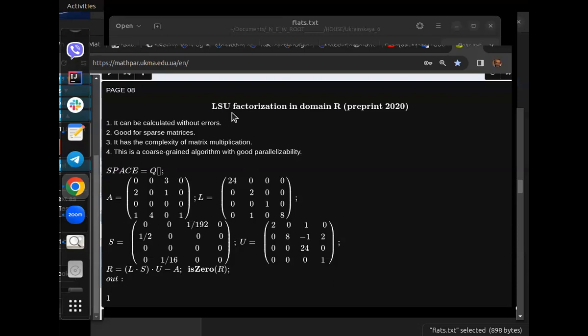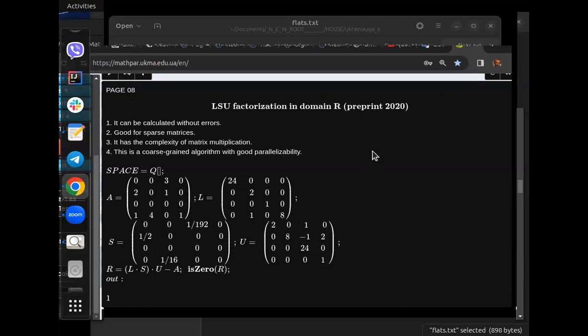We call it LSU. L is lower triangular, absolutely integer. All the elements are in the same domain R. This is upper triangular, all elements in the same domain R. And this is a matrix of permutation, but it's not a clean matrix of permutation. It is a weighted matrix of permutation, and not from the group, but from the semigroup, because it may not be of full rank.